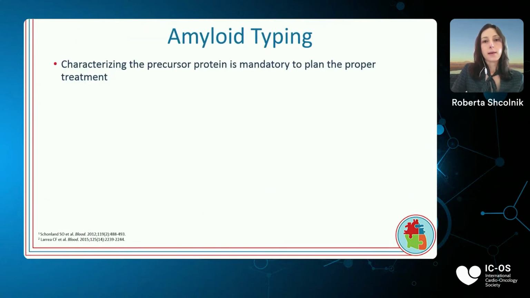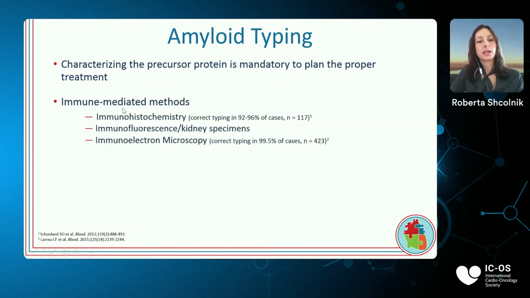It is important to type the amyloid to characterize correctly the precursor protein, because we need to plan the correct treatment. So we have immune-mediated methods such as immunohistochemistry, immunofluorescence, especially in kidney specimens, and immunoelectron microscopy. We know that in experienced laboratories with much expertise and trained staff, we can reach over 90% of positivity with these immune-mediated methods.